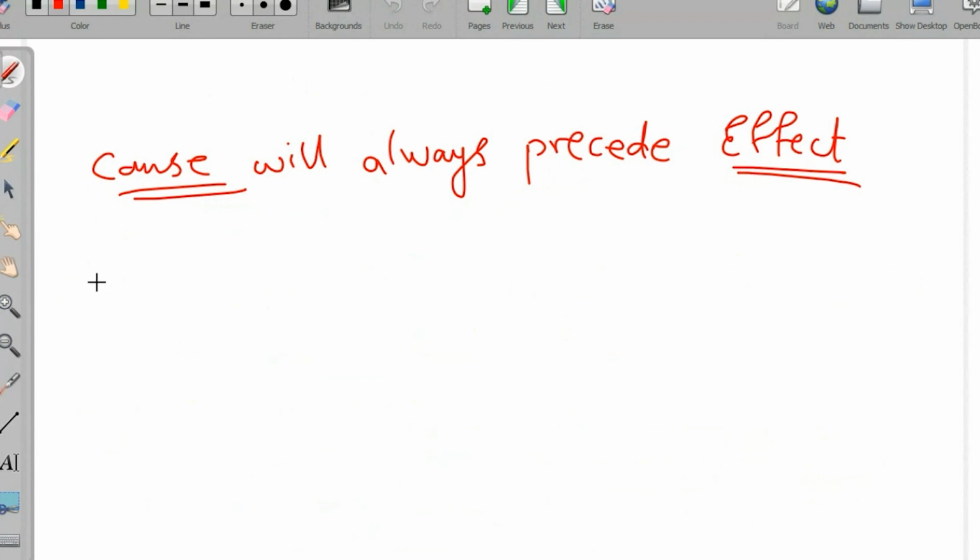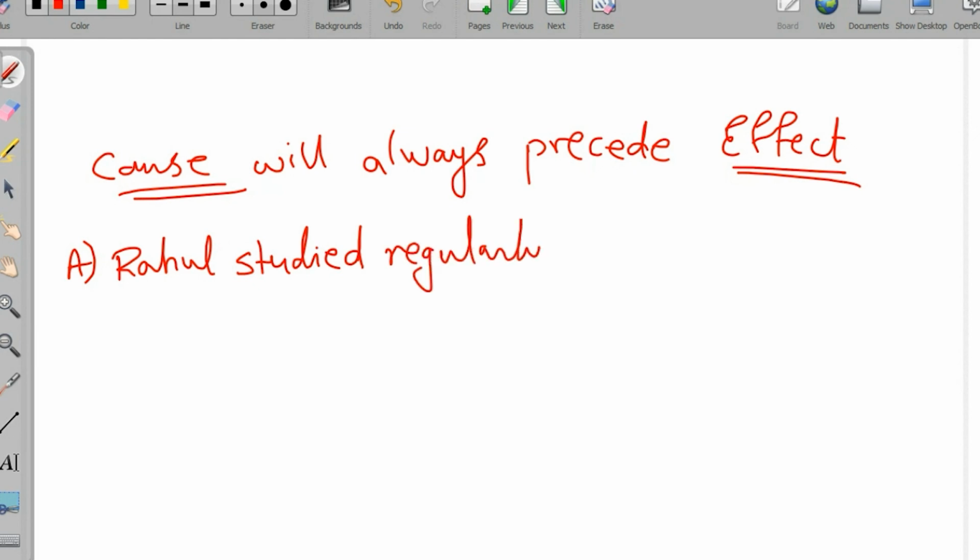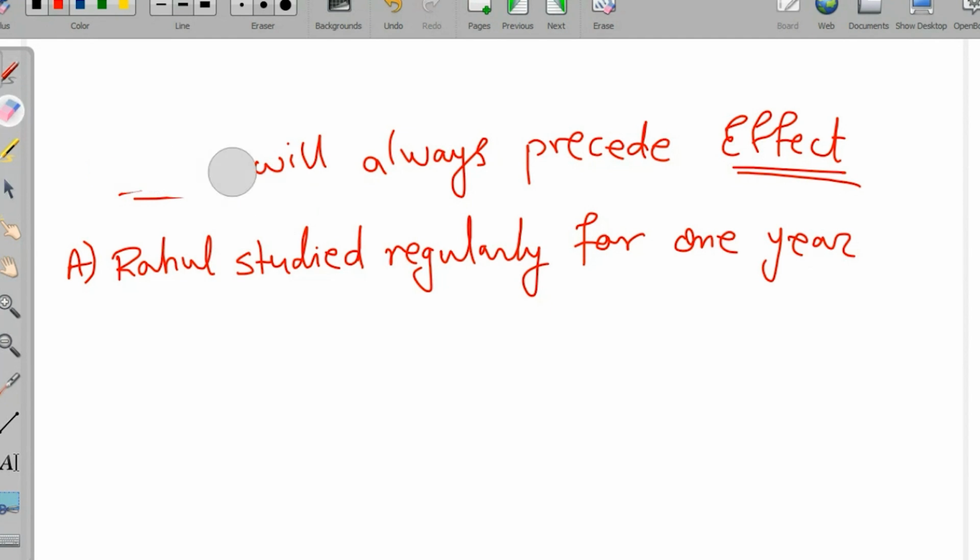For example, let's say there is a statement A which is saying Rahul studied regularly for 1 year. Okay. Now this is not cause and effect, this is more like a subtype of cause and effect.